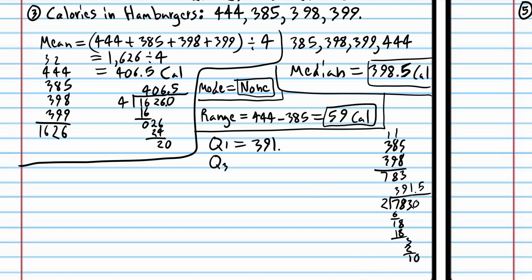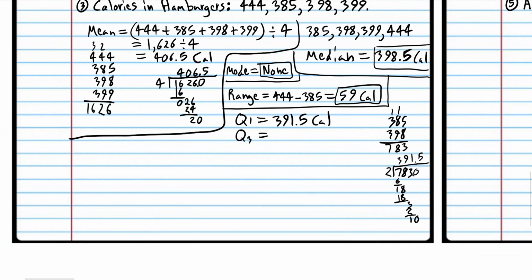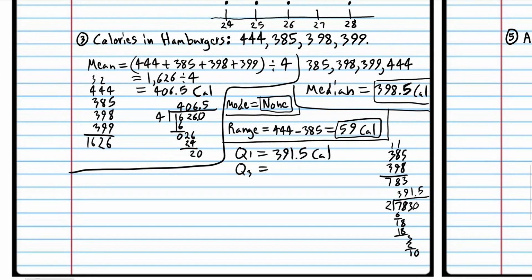So we need to do some calculations there to find Q1. We have to do some calculations to find Q3 also. A lot of calculations in this class. So we have to add up these 2 numbers and divide by 2. Again, because we're trying to find the median of the second half of the data. But the median is the middle number. There is no middle number, so we have to find the mean of those two numbers.